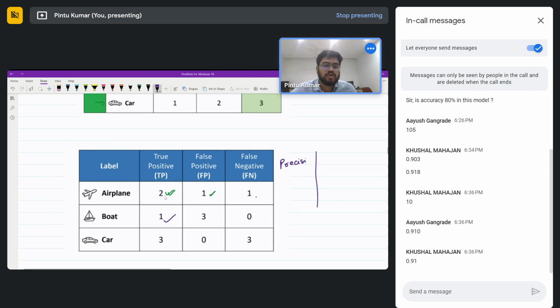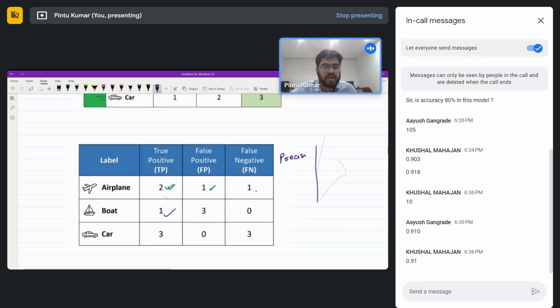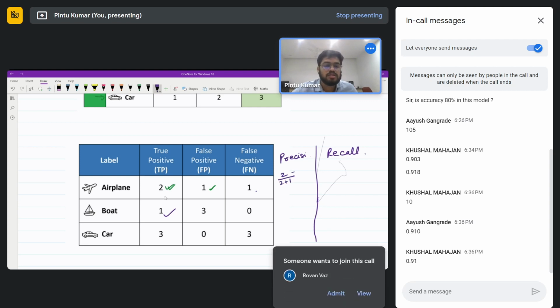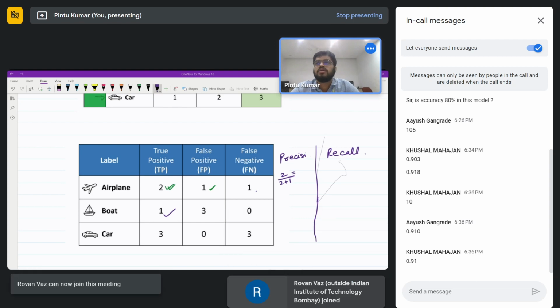Let's calculate recall also, and we have some values to confirm whether we are doing it correctly or not. Precision would be 2 divided by 2 plus 1, which is 2 by 3. And what is recall? Recall is again 2 by 3.